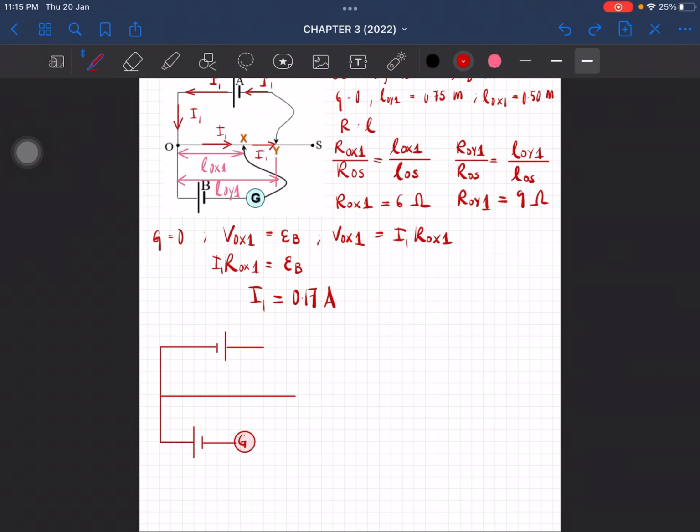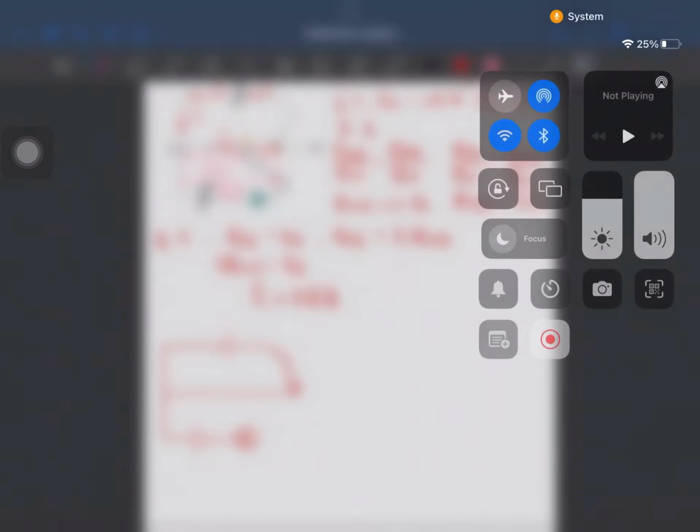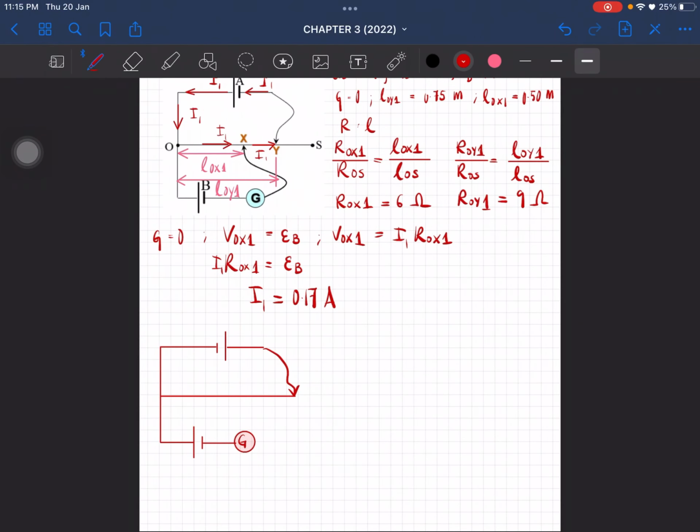And this one is going to be at point S, for the second situation. And this one is going to be around here.